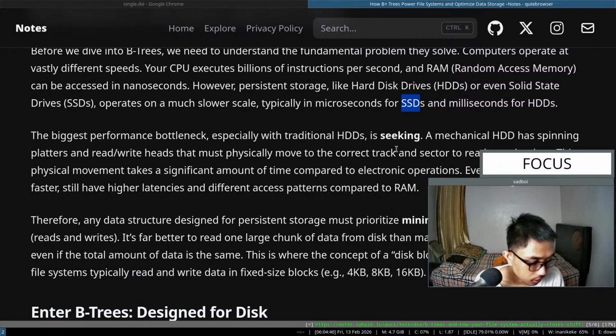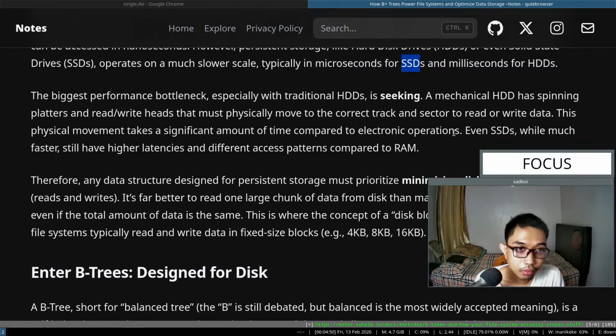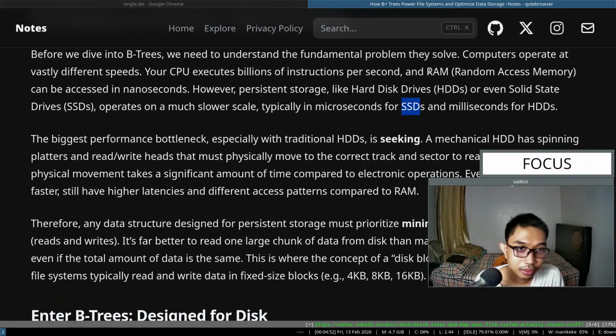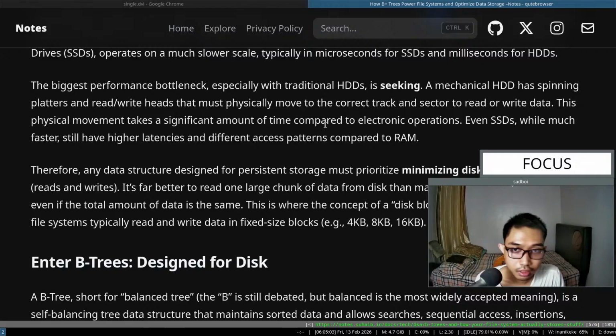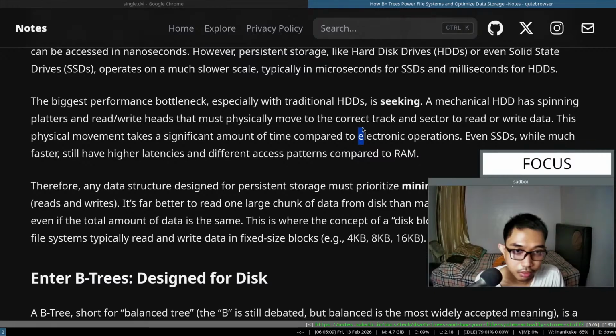So let's see overall. I'm more curious about the hardware perspective. As far as I understand, RAM and SSD use electronic operation, right?